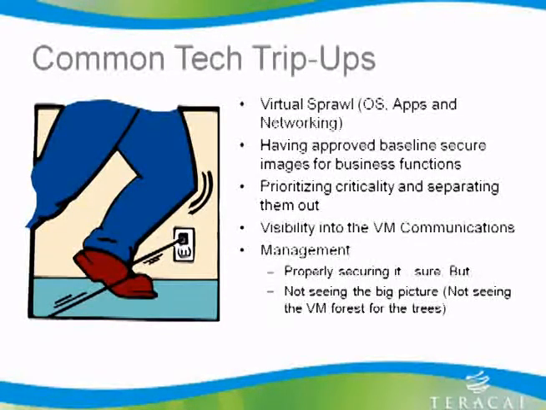So understanding what virtual sprawl really is and putting assurances and a plan in place to avoid that. The second is having approved baseline secure images. How do we go about doing that? What does a baseline image make sense for, and how do we keep those in the environment? Prioritizing criticality, and then separation of duties for sure. We'll get into that as well.